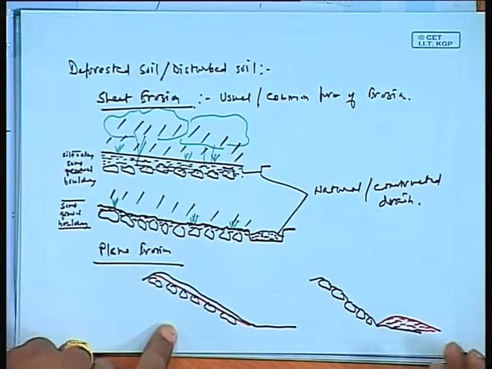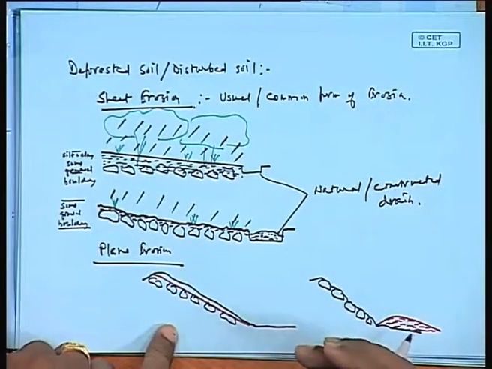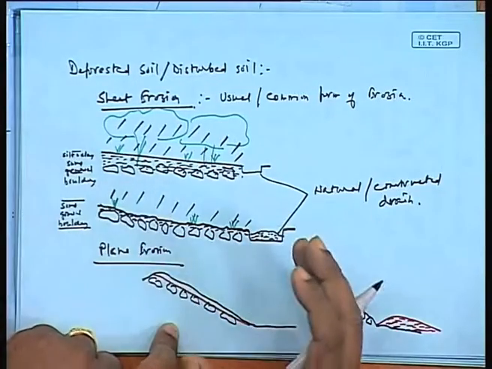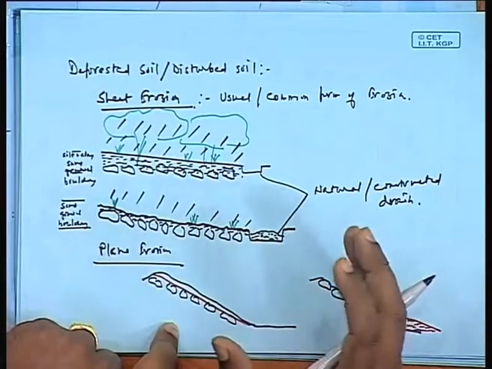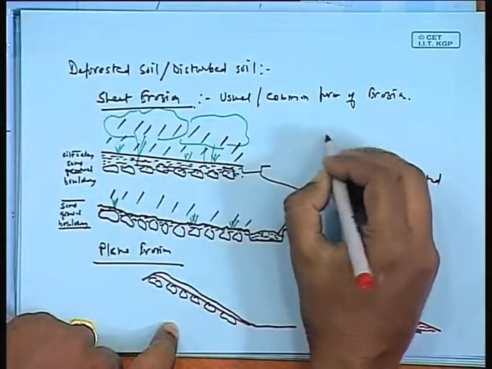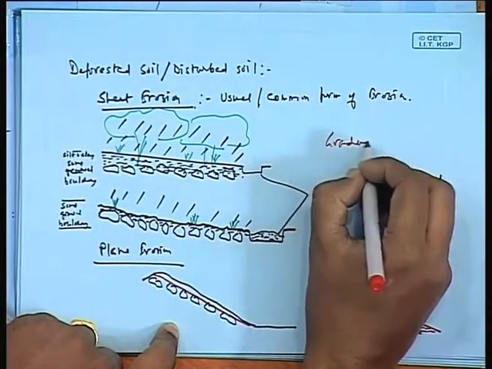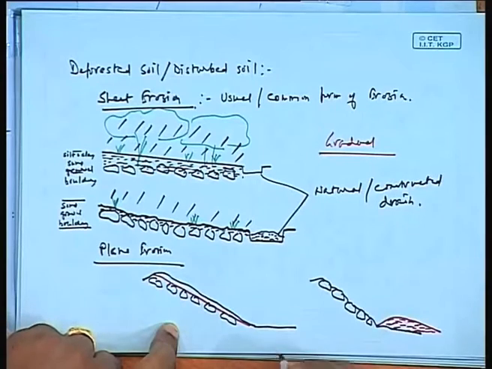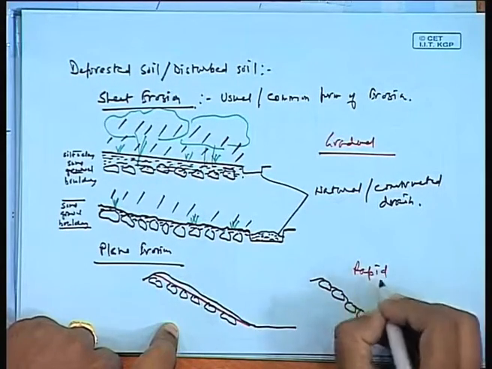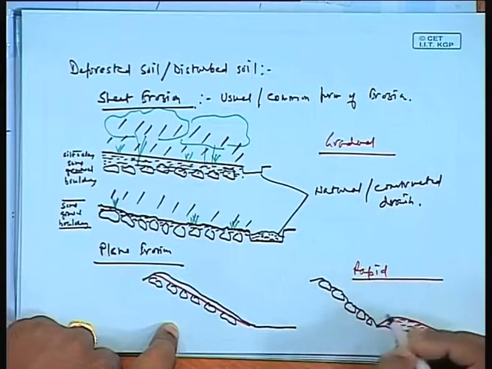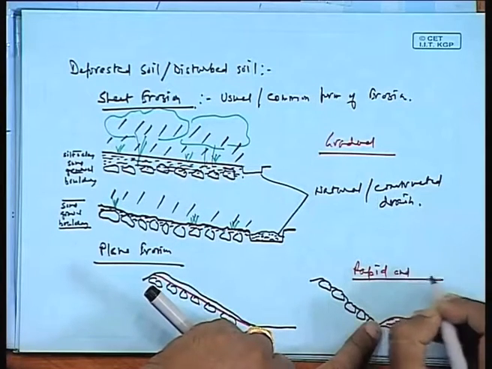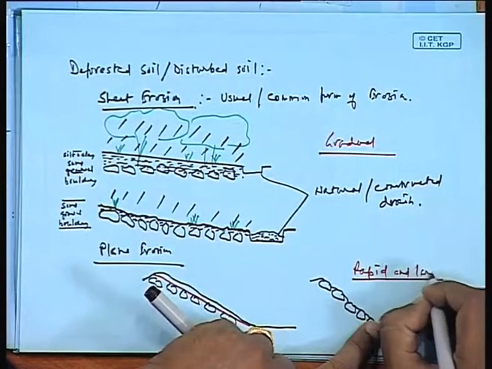Plane erosion is only different in the sense that it is a massive, rapid displacement of soil from the soil surface, whereas sheet erosion is gradual. This is rapid and large scale.